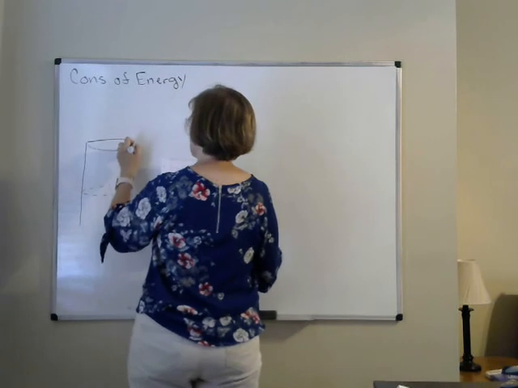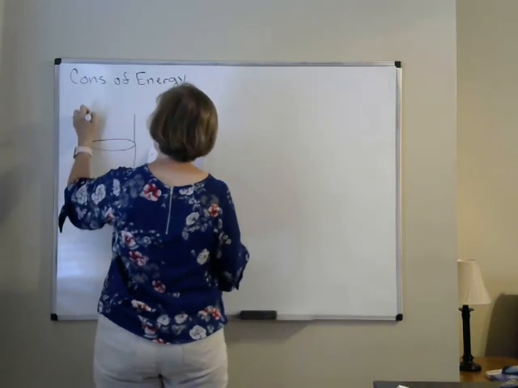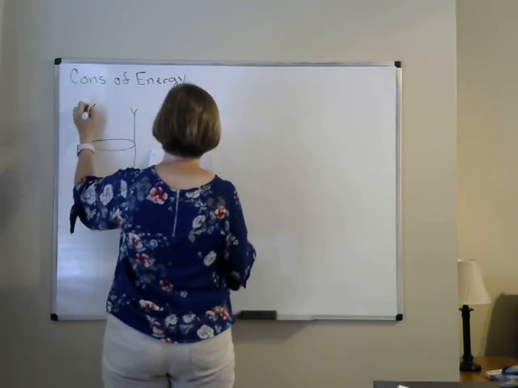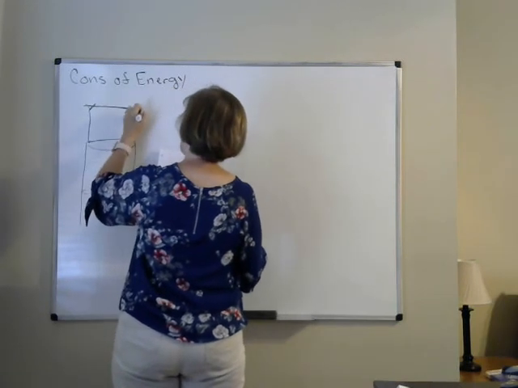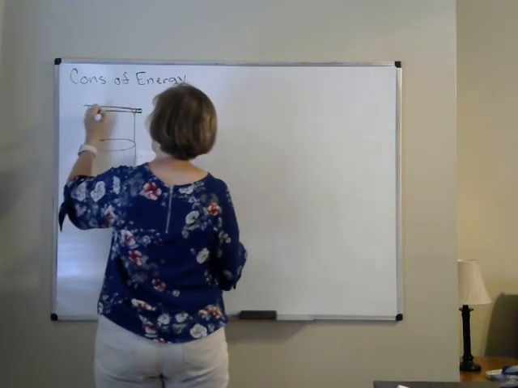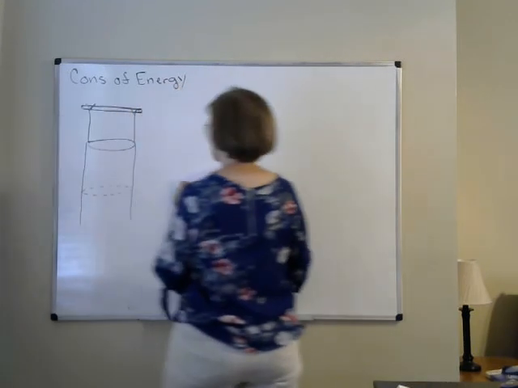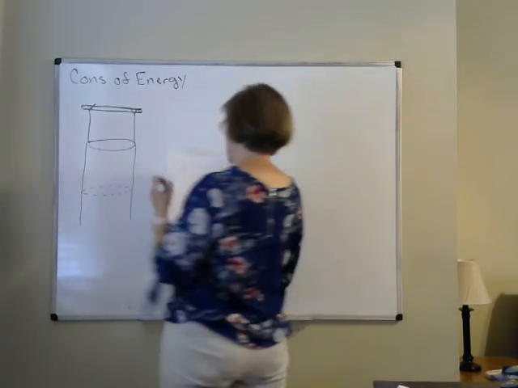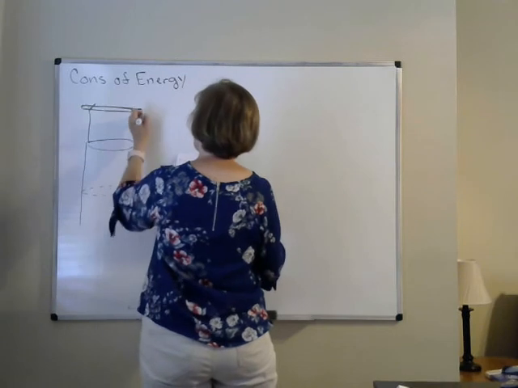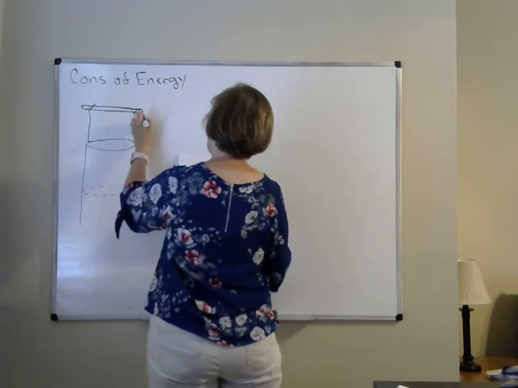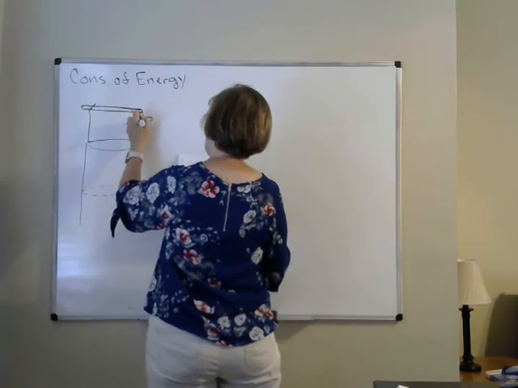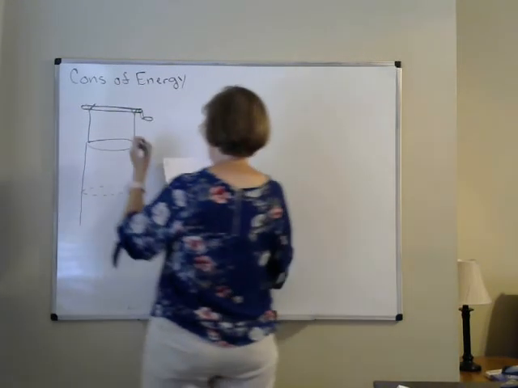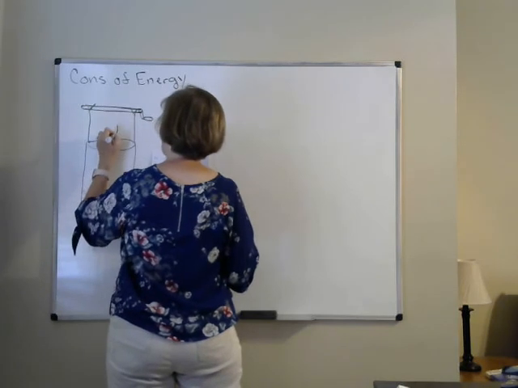Up above this, we've got a rod, which is a cylindrical rod. That's a solid cylinder. It's a really small looking solid cylinder, but a rod is a solid cylinder. It has a little handle on it, so you can crank it up or crank it down. And it's got a bucket.